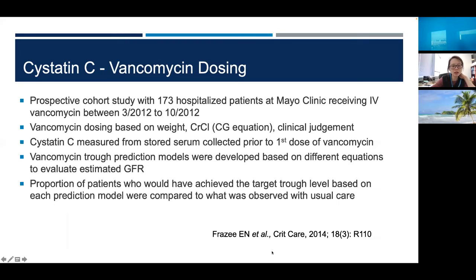This is a study published in Critical Care in 2014 by Frazee et al. It's a prospective cohort study with 173 hospitalized patients at the Mayo Clinic in Rochester who received IV vancomycin between March and October 2012.